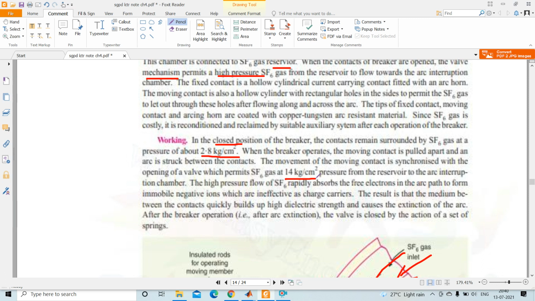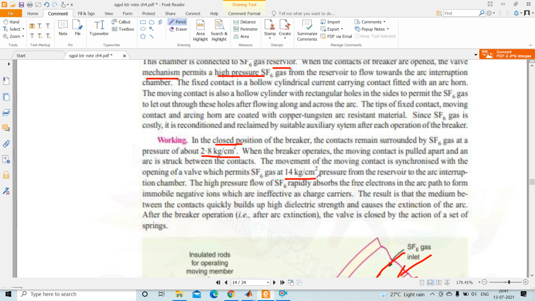The high pressure flow of SF6 rapidly absorbs free electrons in the arc path to form immobile negative ions, which are ineffective as charge carriers. The result is that the medium between the contacts quickly builds up high dielectric strength. Obviously, when there are no mobile ions, no ionized particles, there is no formation or continuation of the arc.